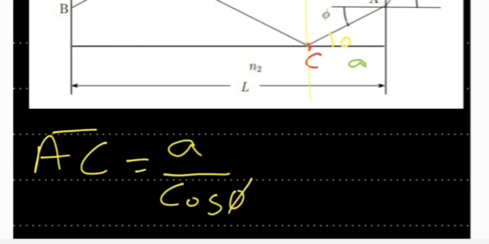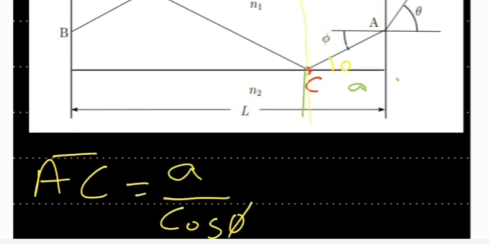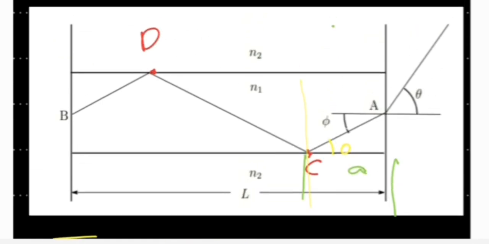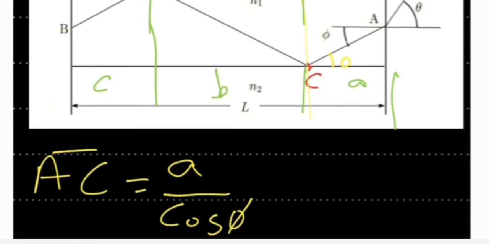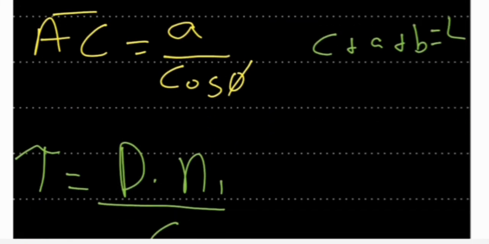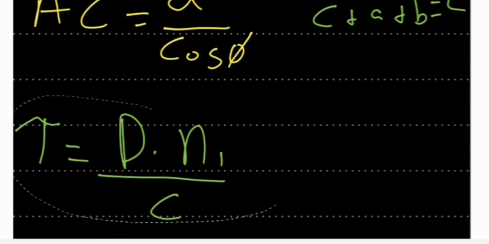A is over here. Okay, this is a. Now for the next part over here, I'm going to call this b, which is over here also. So this is b, and this will be c. And you can notice now my idea is that c plus a plus b is equal to L.